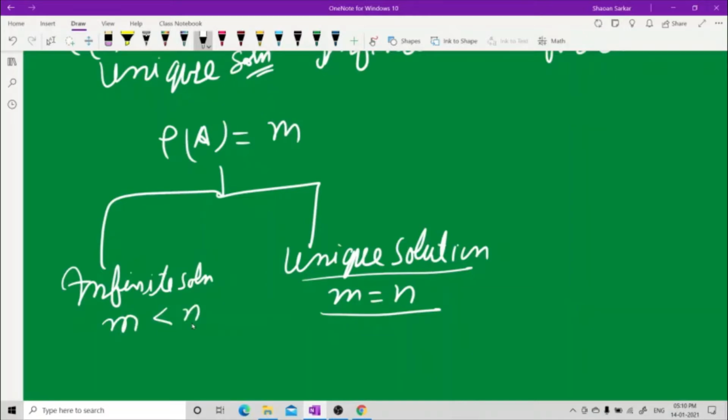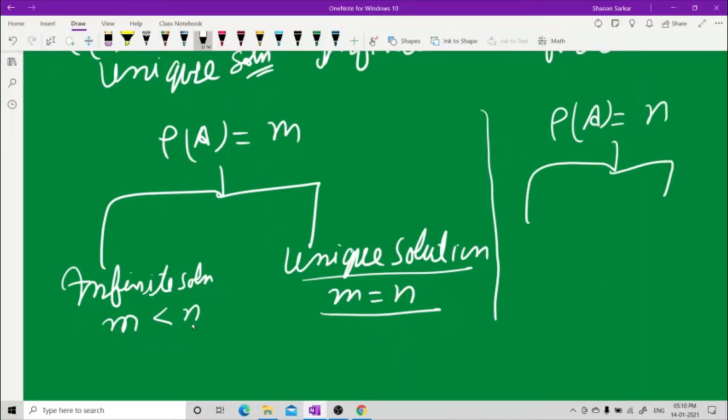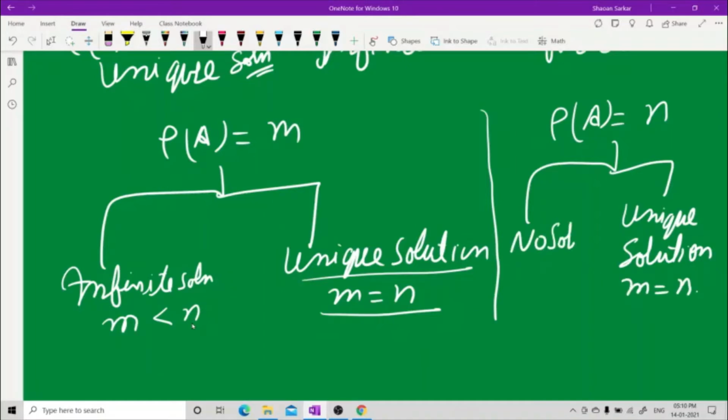Next is rank of A is n. Then you will again get two things. You will get a unique solution, that is when m equal to n, and no solution if n is less than m.